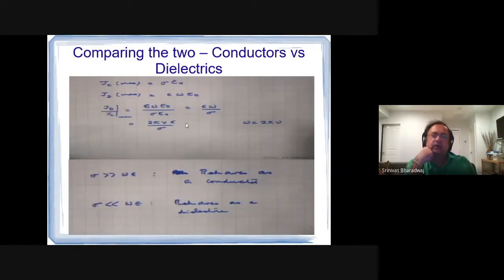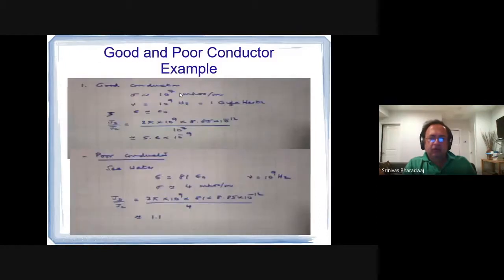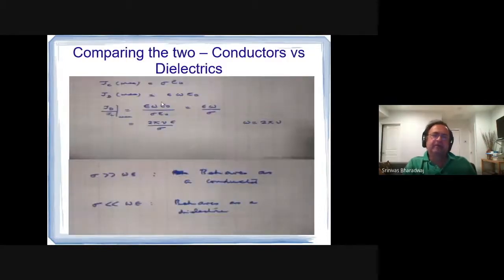Now, when the permittivity of the medium, basically the JD, has this additional term which is based on the frequency of the current. So that frequency kind of changes the whole dynamic of this.